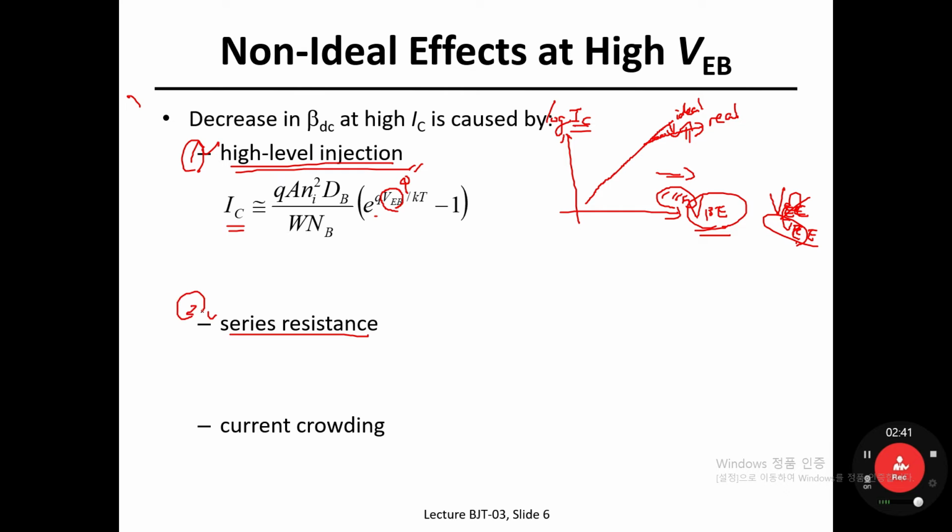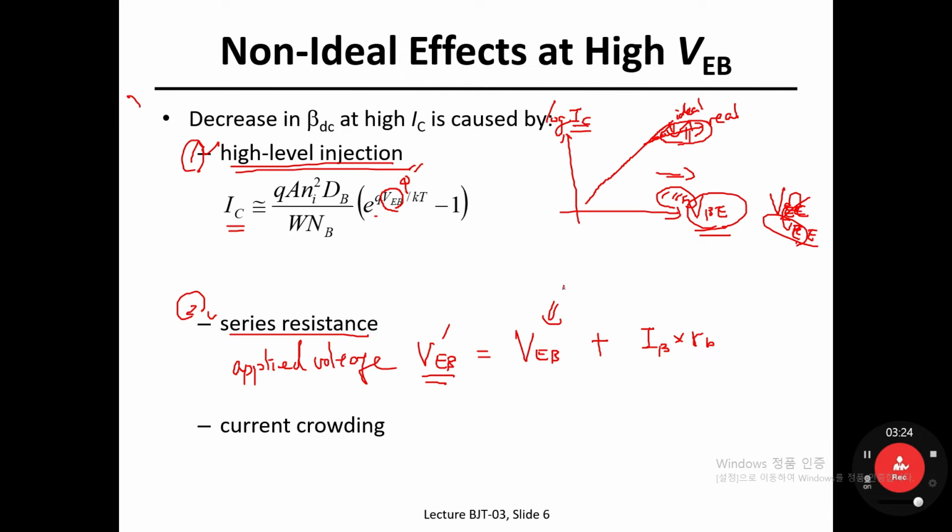And the second physical origin for why the output current is degraded is the series resistance existing in the BJT. The effectively applied voltage between emitter and base, denoted as V sub EB prime, should be V sub EB, that is the externally applied voltage between emitter and base, plus base current times base resistance.